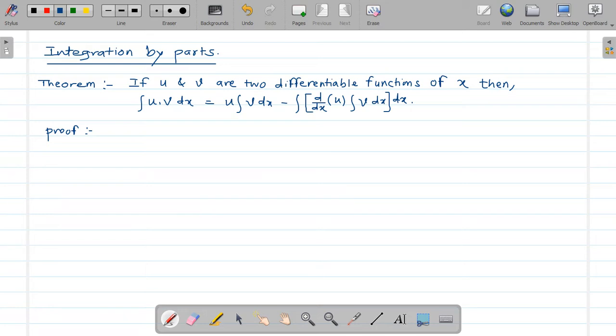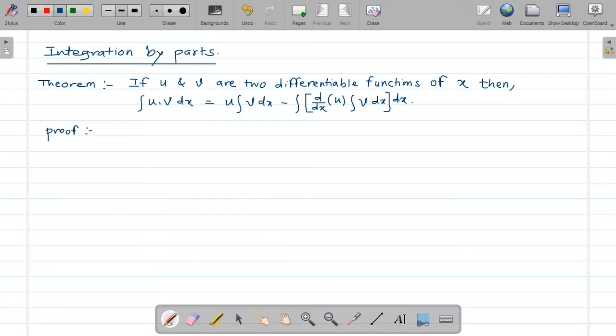If u and v are two differentiable functions of x, then the integration of u into v dx, the product of two functions, how will you evaluate that integration? There is a rule, the rule for integration by parts.